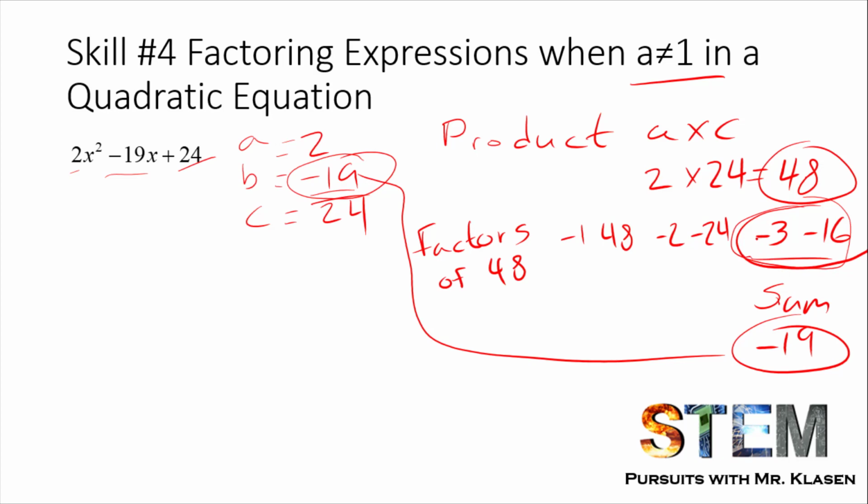But instead of just plopping it into 2 binomials like I did when the a value equaled 1, I have to do something a little different here. I'm going to split the middle term into 2 separate portions: negative 16x minus 3x.